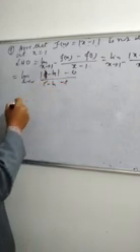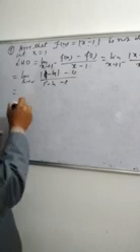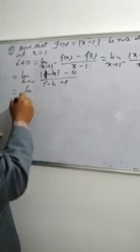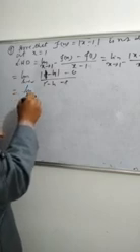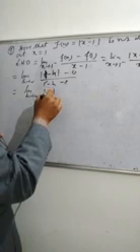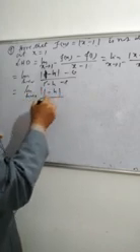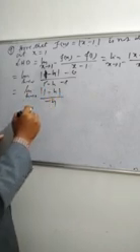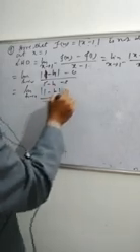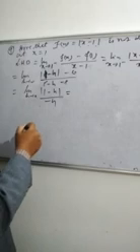So it will cancel out, and then limit h tends to 0, it will be modulus 1 minus h by minus h. So what will it be? We'll put it here.